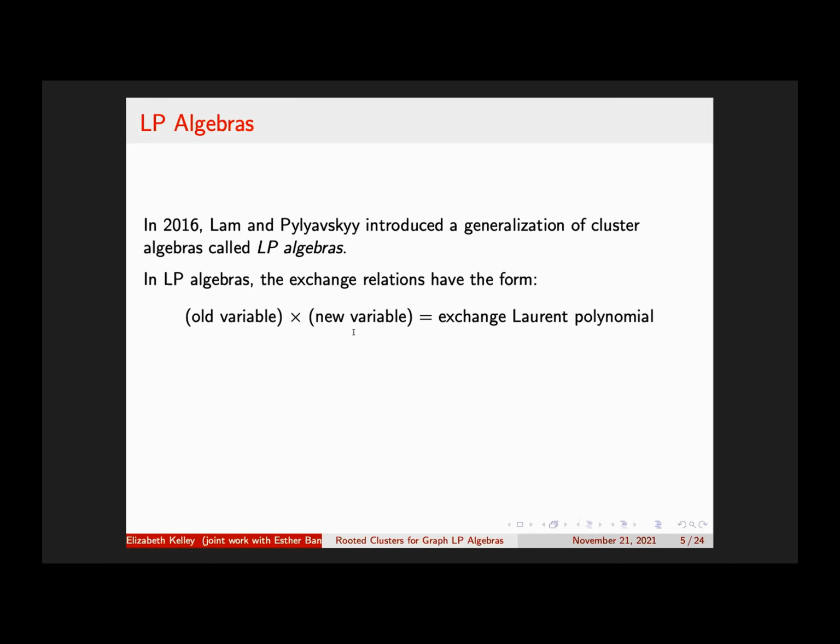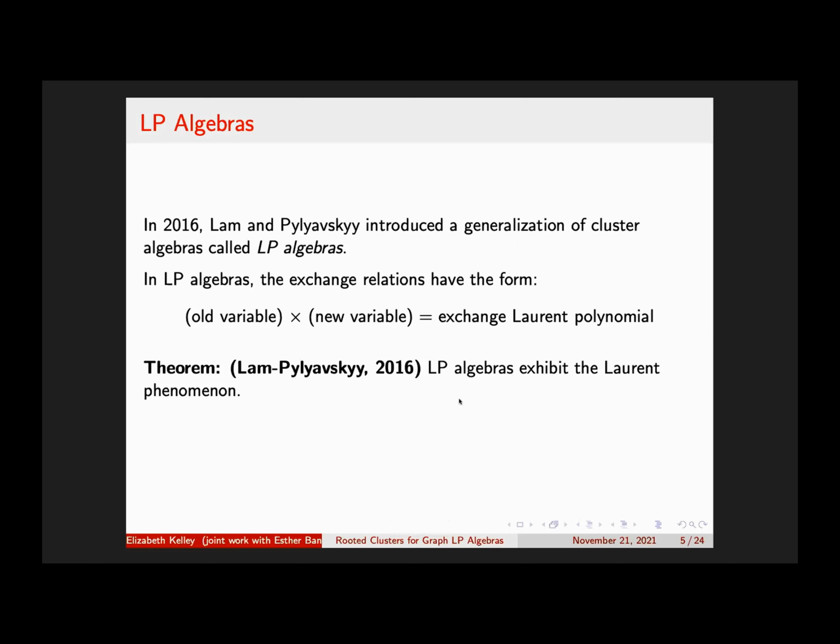So now we still on the left-hand side have this product of our old variable and our new variable, but now on the right-hand side, we let these exchange binomials instead be Laurent polynomials. And there are some conditions on what these look like, and I'm not going to say anything about that. What's important for you to know is just that they're Laurent polynomials.